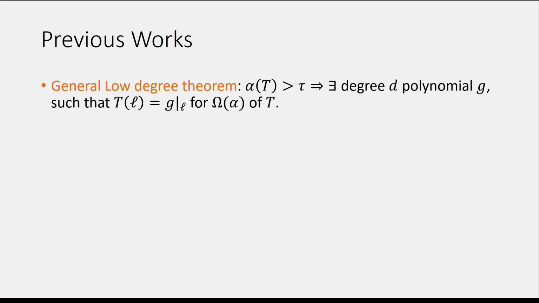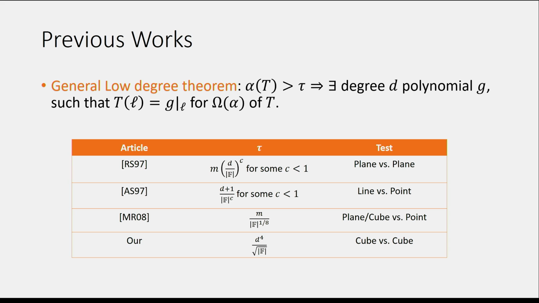So this is the general structure, as I said, of low degree theorems in the low soundness regime. And what we care about is the dependency on the field size. So we assume that the field size is much larger than the other parameters in the question, which are m, the dimension, and d, the degree. So in '97, Raz and Safra analyzed the plane versus plane test. This means that instead of having a table of lines, they had a table of planes, and they chose two intersecting planes.